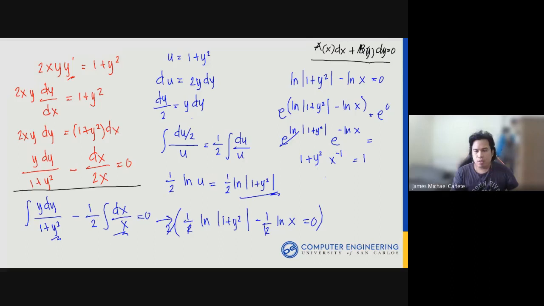This becomes x is equal to 1 plus y squared. This is our answer. In terms of x, it's in terms of y, should be y is equal to the square root of x minus 1.